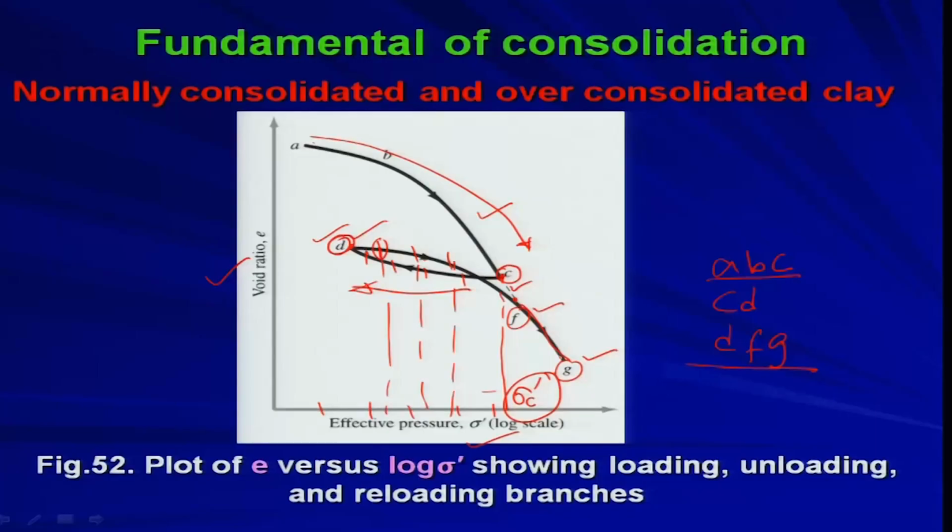If you look at this point, when I am moving from F to G, do you think the soil has experienced a pressure greater than sigma F or sigma G? No, never. The soil from F to G will be behaving as normally consolidated soil. That means the soil has never experienced this much pressure in its lifetime. So, that is normally consolidated.